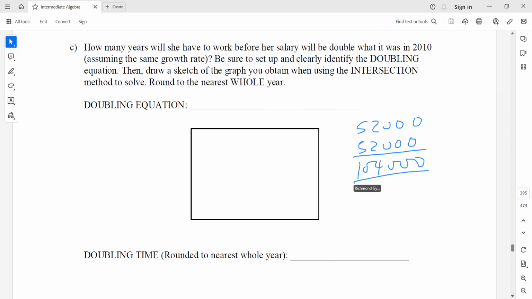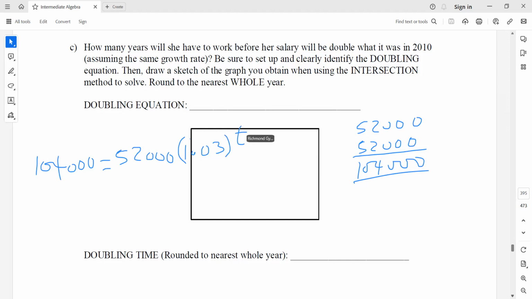So how many years is it going to take? Again, you have to use the calculator. So you have 104,000 equals 52,000 times 1.03 to the power t.